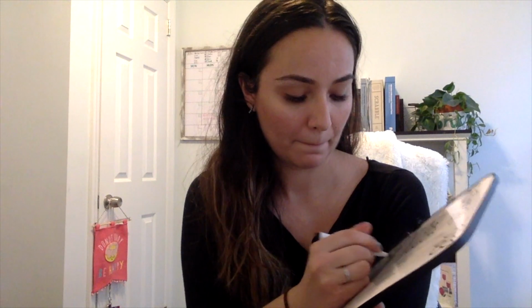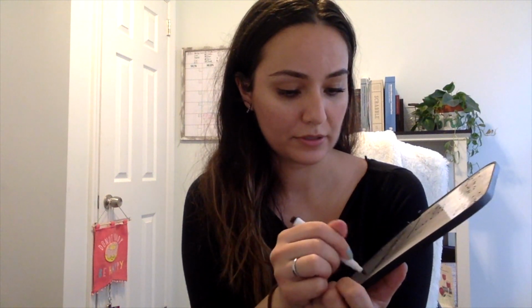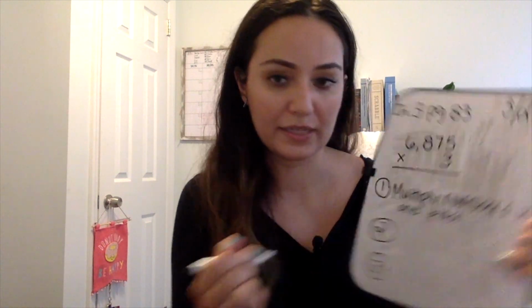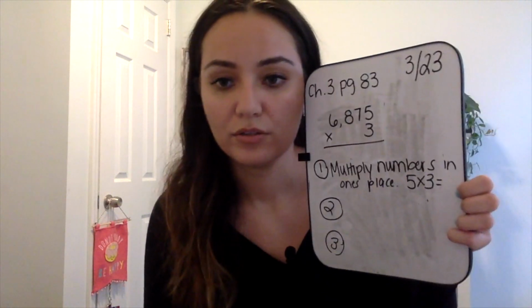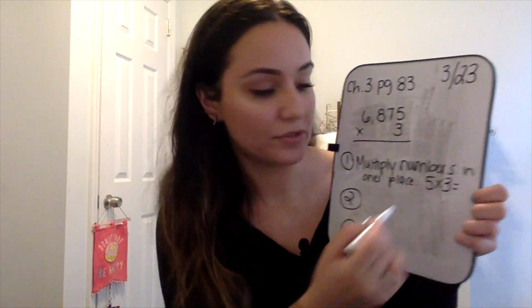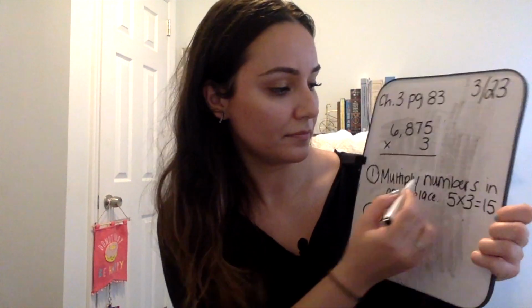Multiply numbers in ones place. Okay, I literally wrote it in words. Multiply numbers in ones place. And then I want you to actually write in numbers what you did. So you should have done 3 times 5 or 5 times 3, which gives me 15, okay?